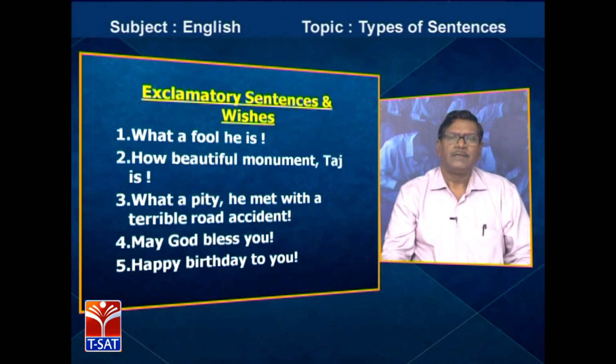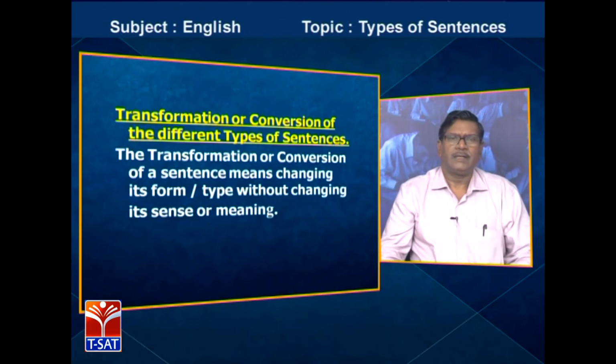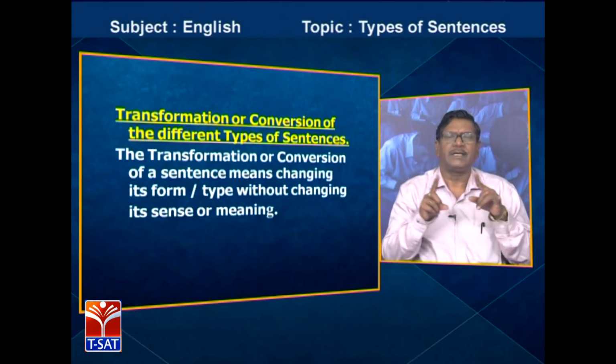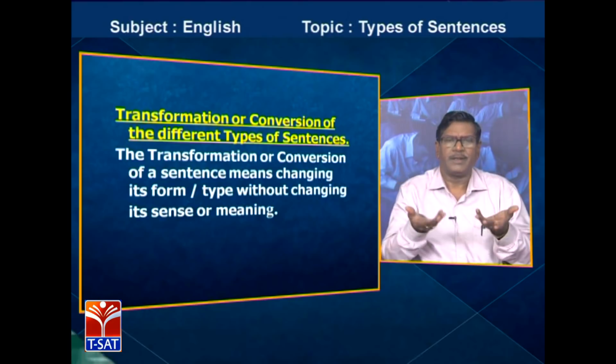And now, let us think about how we can transform one type of sentence into other type of sentence. The transformation or conversion of a sentence means changing its form or type without changing its sense or meaning.